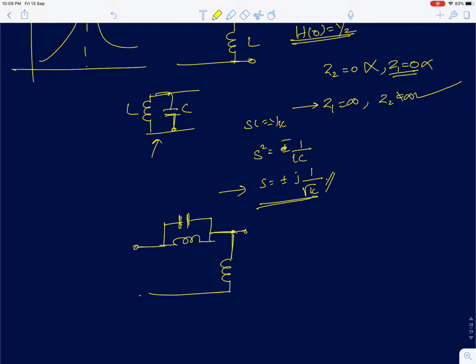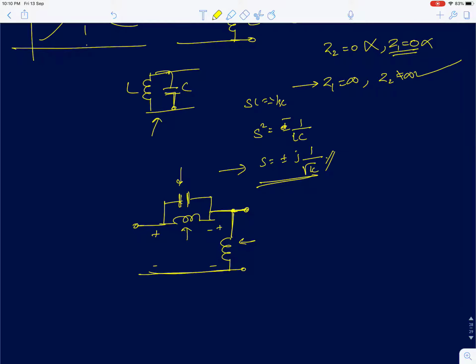That circuit will behave like a lossless second order system. Again, you use the same logic. For example, here there are two inductors and one capacitor, so the maximum order can be 3. But you can write a linear relationship between the voltages across the two inductors, because of which the order will be reduced by 1.